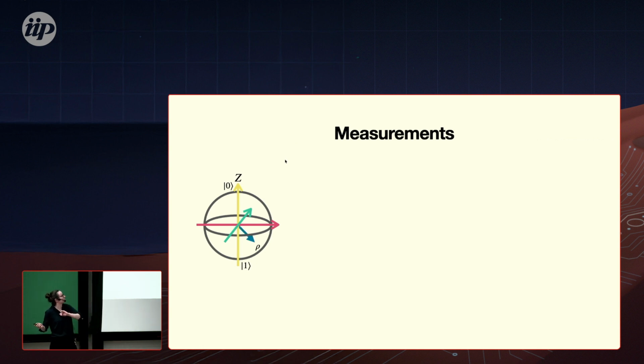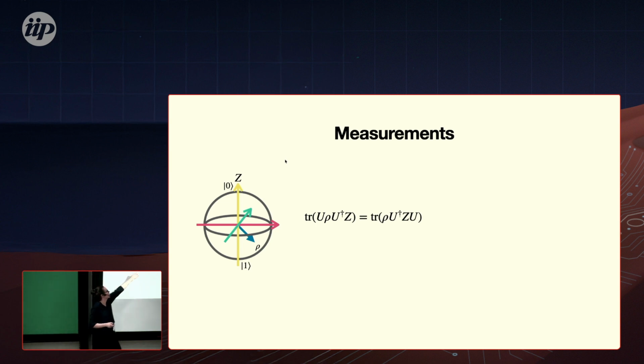Now, what happens if I want to measure in the Z-axis? Right, we only have access to the Z. What happens if we want to measure in the X-axis? We only have access to the Z measurement. And because the trace is cyclic, we know that if we apply a unitary to our quantum state, it's the same as applying the dagger version to the expectation value that we want to measure, as you can see here.